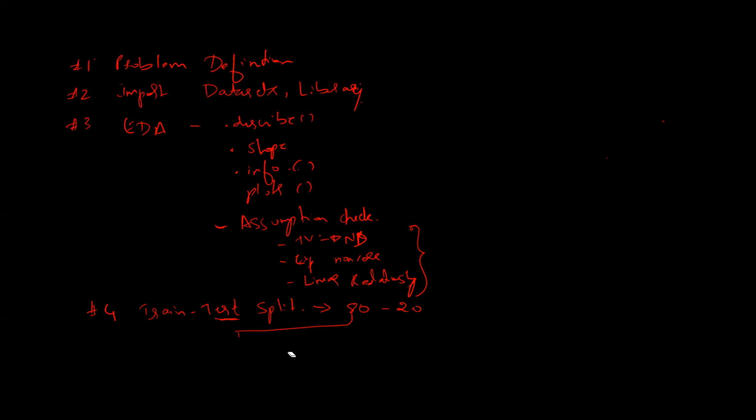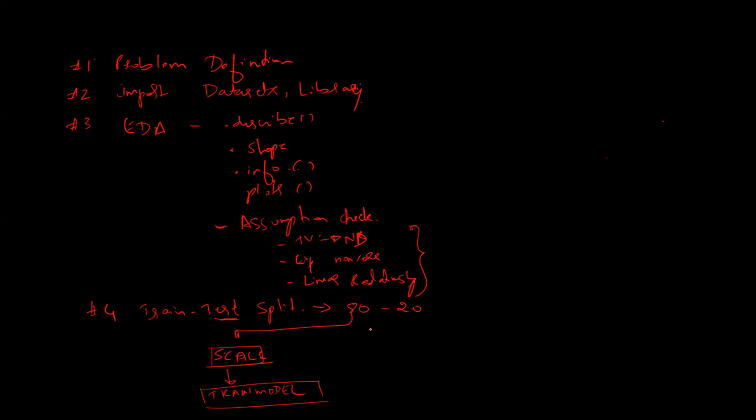But the moment I split the data set into 80-20, do I directly go with model training? I need to scale it, right? I need to scale my data set, and then I need to train my model.